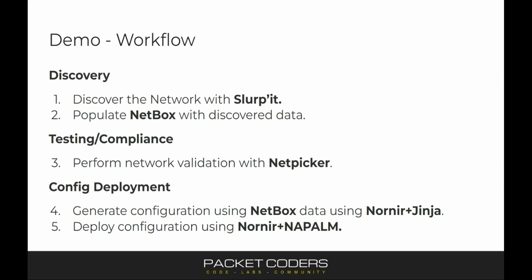And then we're going to use that data within NetBox as a kind of inventory to be able to then perform our network validation using Netpicker. So we've got the discovery happening, got the network compliance, and then we're going to also pull the data from NetBox using GraphQL to generate our config using Jinja. And then we're going to deploy out that config, that rendered config, using Nornir and Napalm.